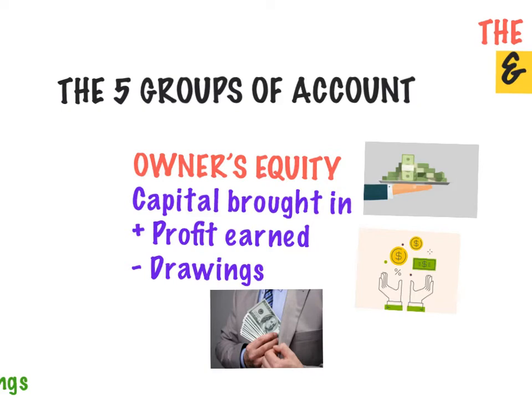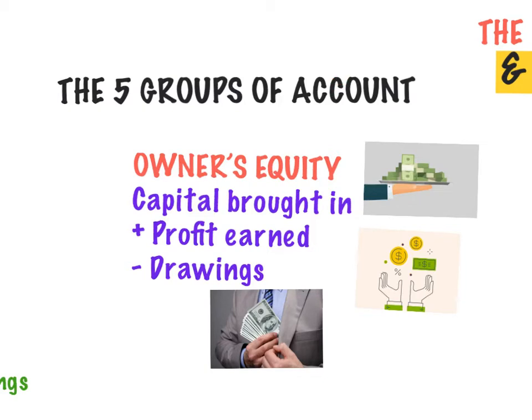That is why you need to learn about the 5 groups of accounts, because all transactions that have occurred in the business will be recorded under one of the 5 groups of accounts. So you will have to classify which group of account each transaction belongs to.